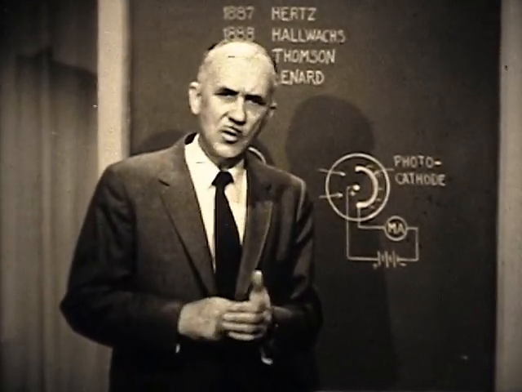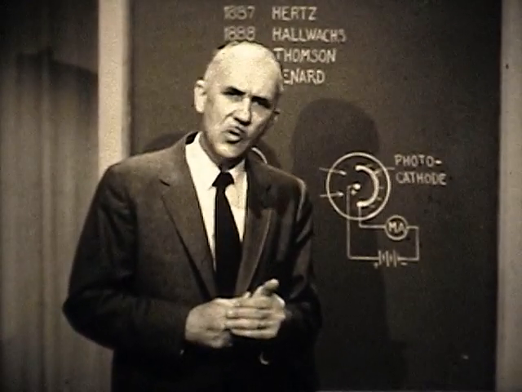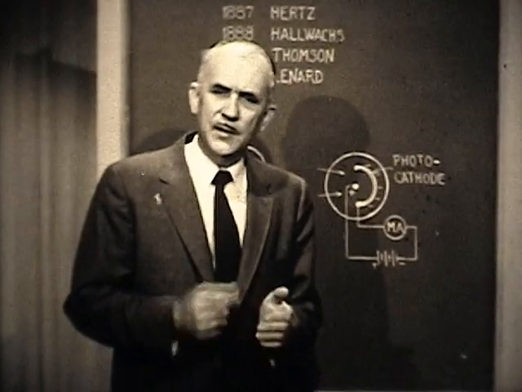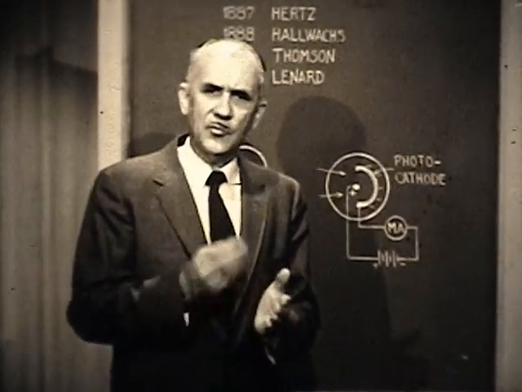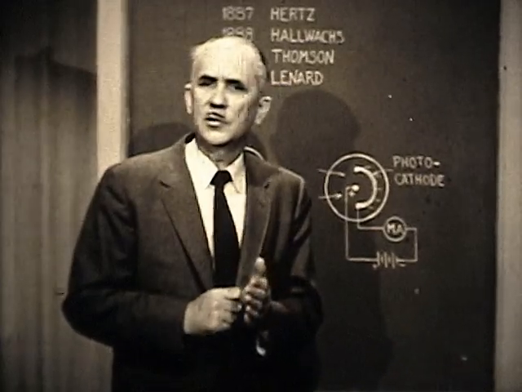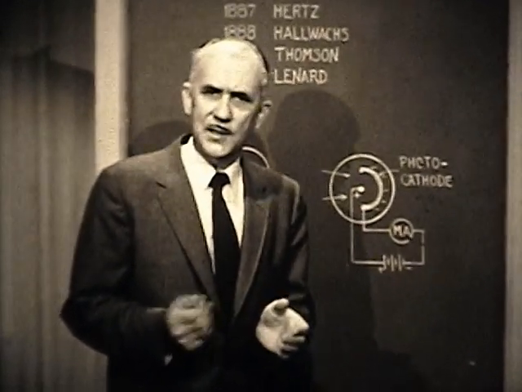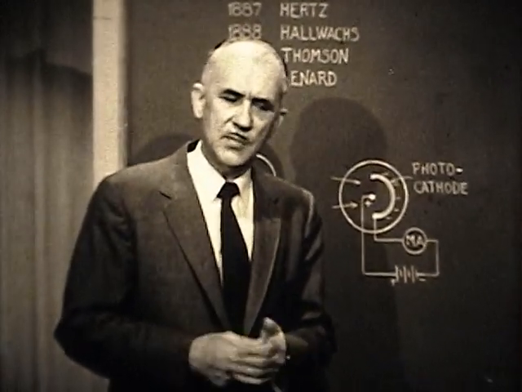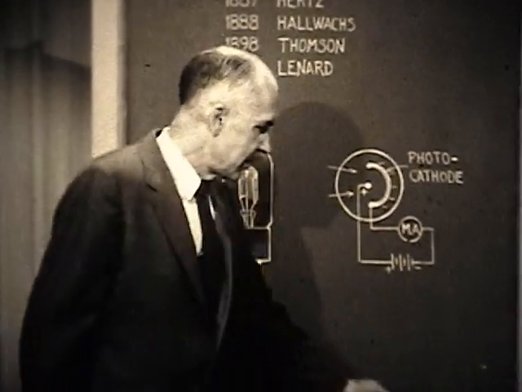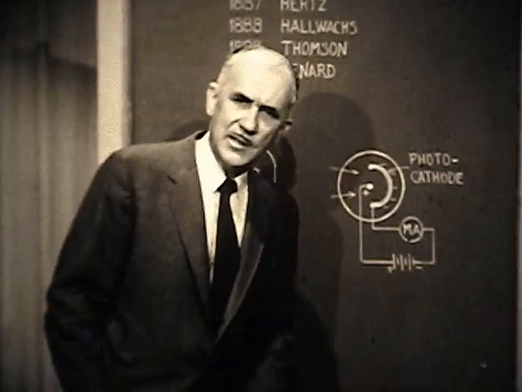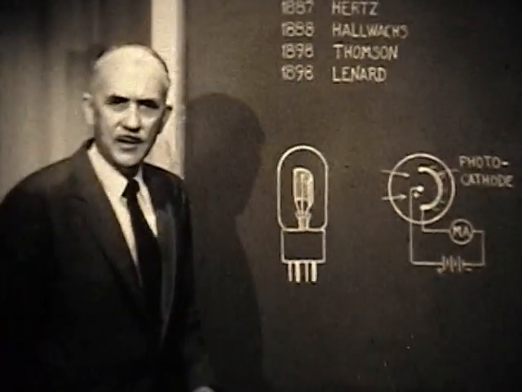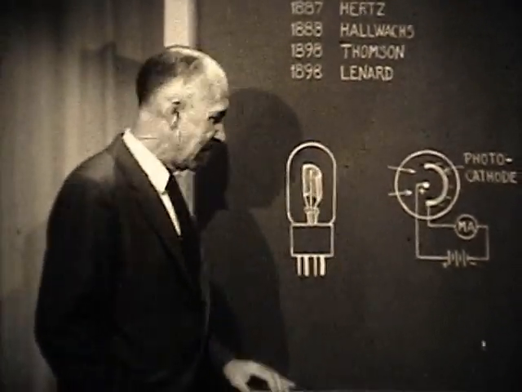There are a few, however, and those are largely the alkali metals, that emit electrons when visible light shines on such a surface. Now, the alkali metals, you remember, are lithium, sodium, potassium, rubidium, and cesium. And these elements are particularly useful in photoelectric cells, or in the magic eye, as it is more popularly called.